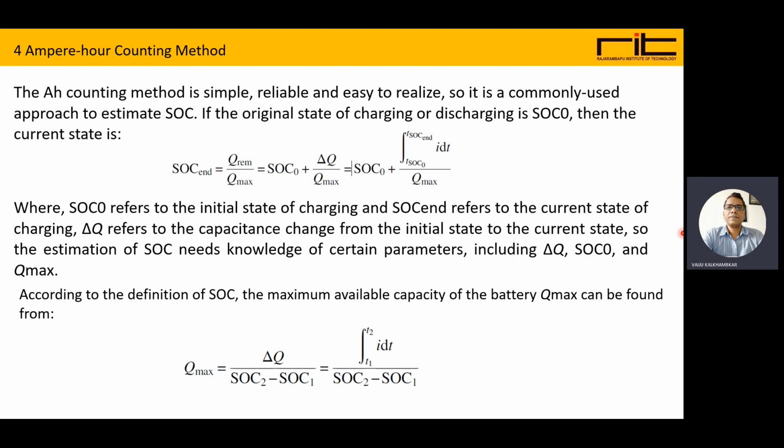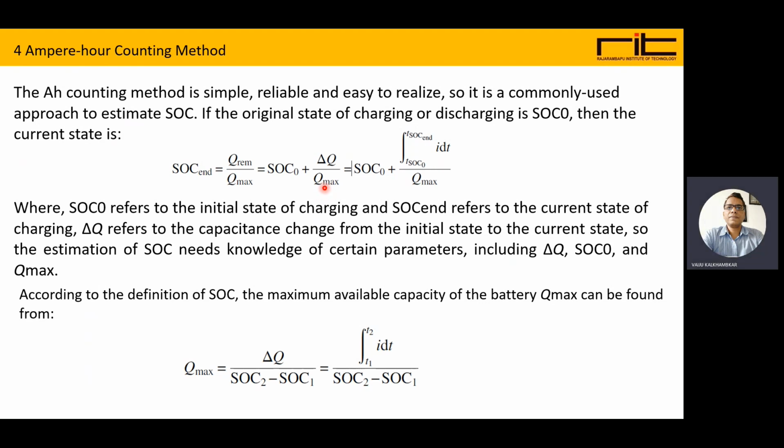And that can again be equated as SOC 0, that is the initial state of charge, plus the integration of I dt from SOC 0 to SOC end. The SOC end is the final state of charge, divided by the Q max, that is the maximum charge.